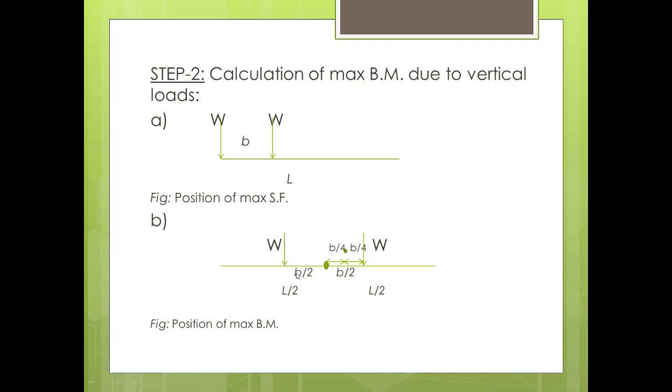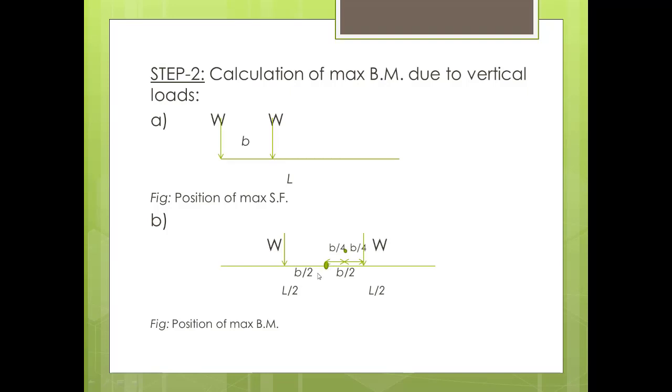If the wheels are spaced at distance B, the distance between the two wheel loads will be B. So this will be B by 2, and this is B by 2, the other half.